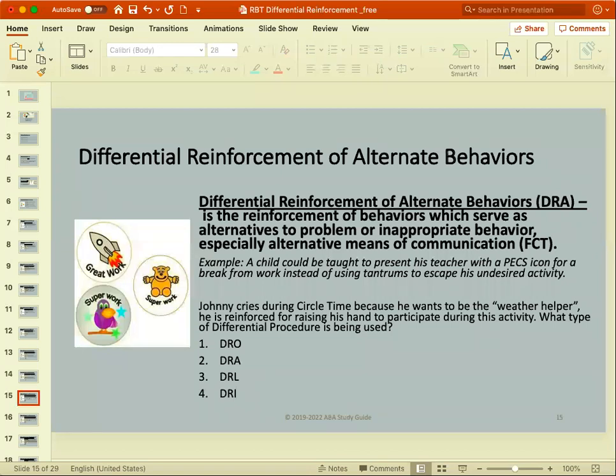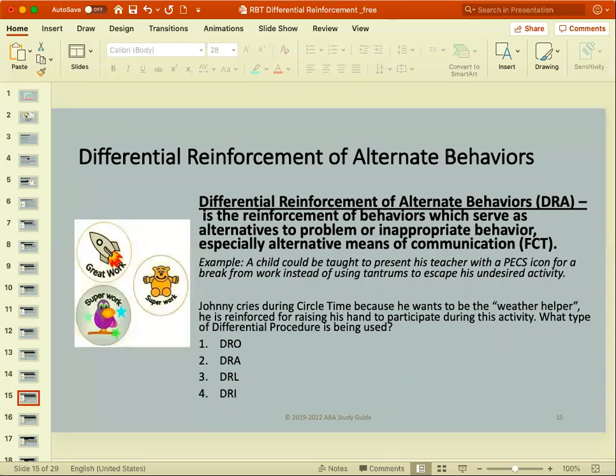Is spanking the bottom a way to get attention and you teach clapping as an alternate way to get attention? That's technically your DRA. Incompatible just means you can't do both, but it doesn't have to have the same function. Your alternate behaviors could be incompatible, but more importantly, it gets you what you want in a more appropriate alternative way. Please let me know if you have any questions about that.